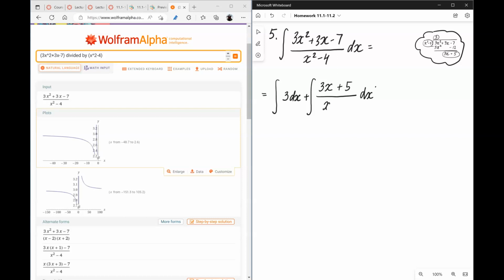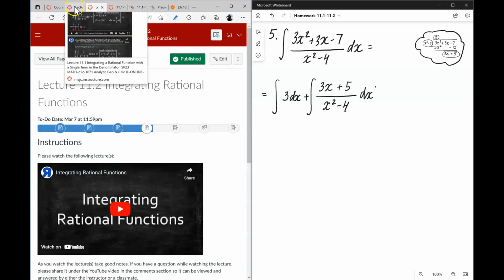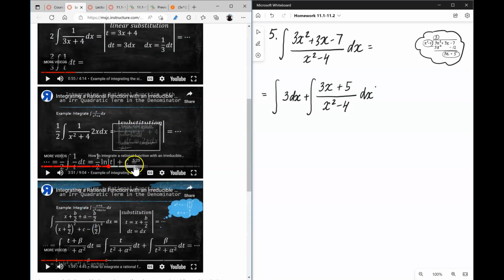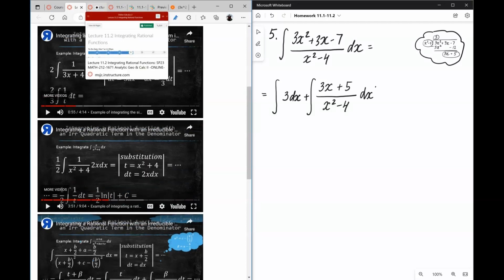And now, how do we identify the next step? We look at the denominator. And the denominator here happened to be a reducible quadratic binomial. So that means we have to proceed with factoring it.